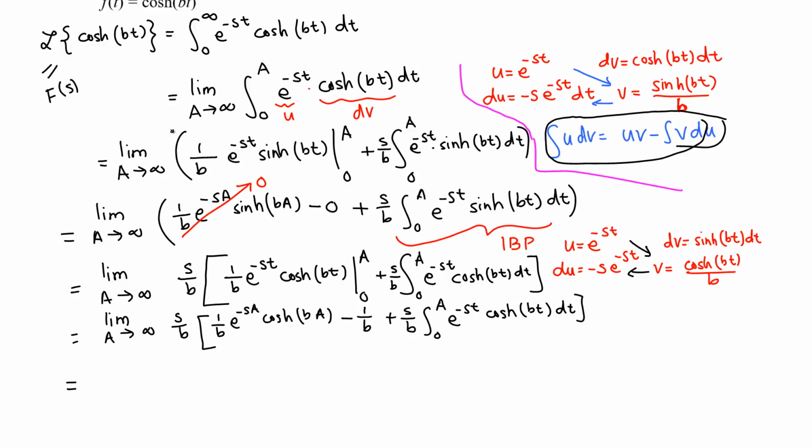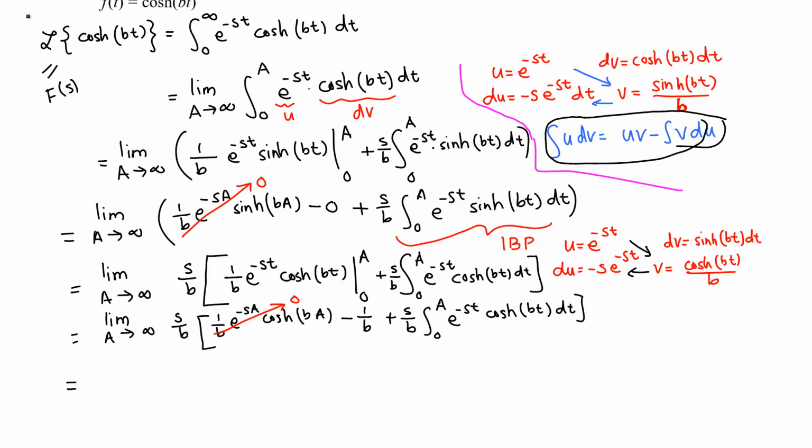Let's take this limit like last time, if s is positive and a goes to infinity, then e raised to negative infinity is 0, so this is 0.